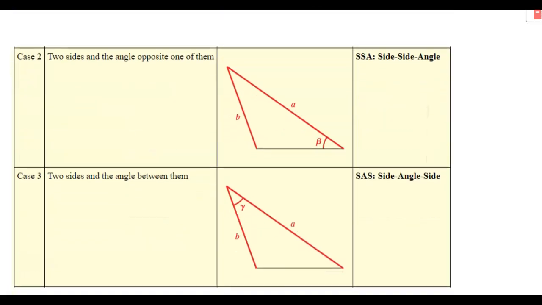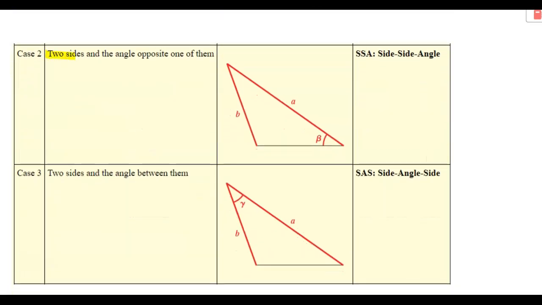Okay, another case is where we have two sides and the angle opposite of them. We did not see this one in geometry because this one in reverse spells a bad word. So we didn't use this one, but it is a scenario that we could use in this section to potentially find the rest of the pieces of the triangle.